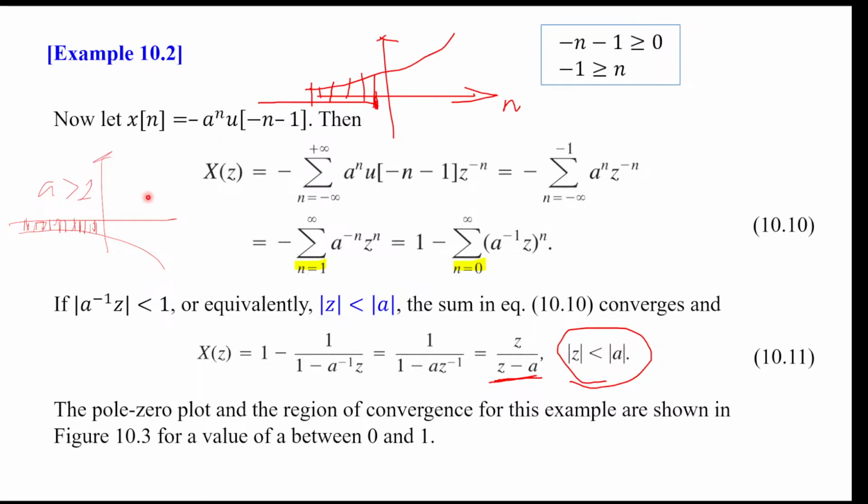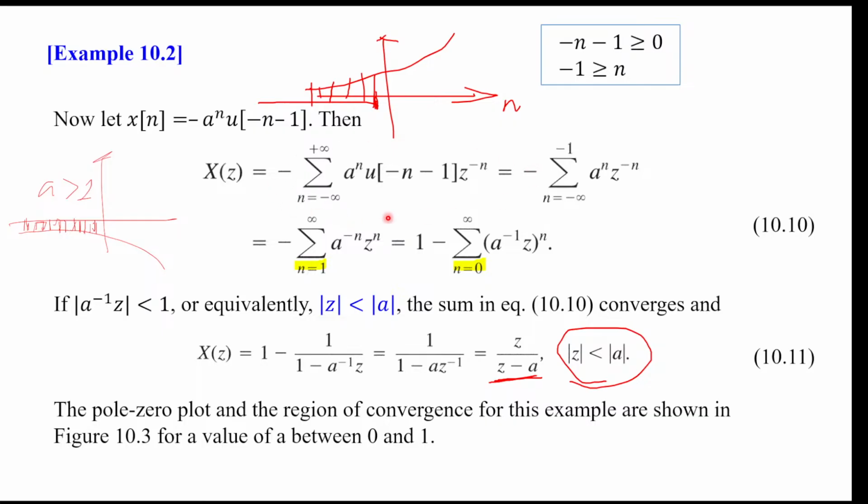And when a is greater than 1, your signal looks kind of like this. So we have this left-sided exponential function, and we can calculate its X(z) also.